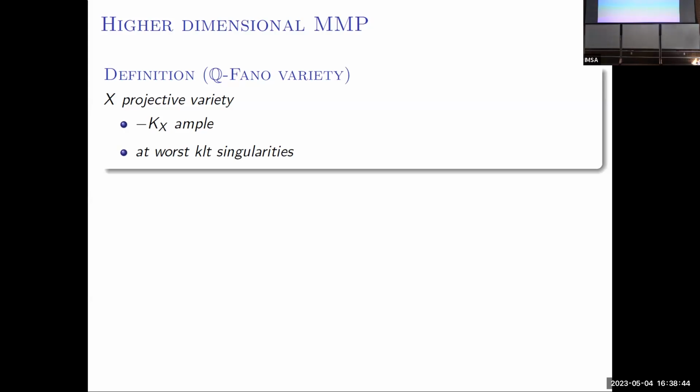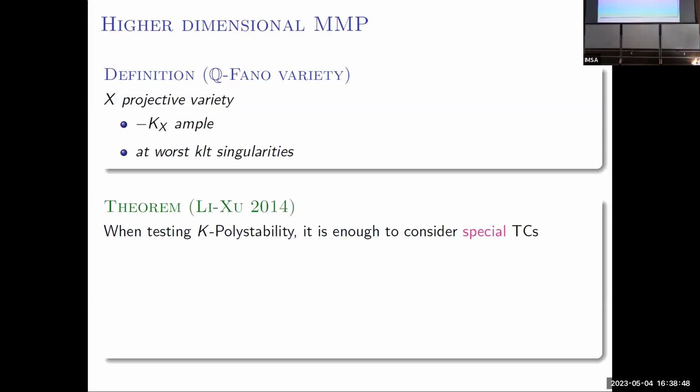And now, why is this connected to the existence of Kähler-Einstein metrics? This was proved by Li and Xu in 2014. I think this is the first time that this notion from the minimal model program appeared in the context of Kähler-Einstein metrics. They showed that when testing K-polystability, which is equivalent to Kähler-Einstein, it is enough to consider special test configurations.